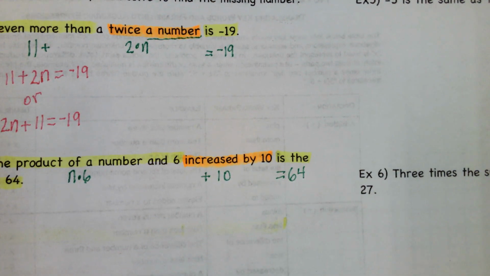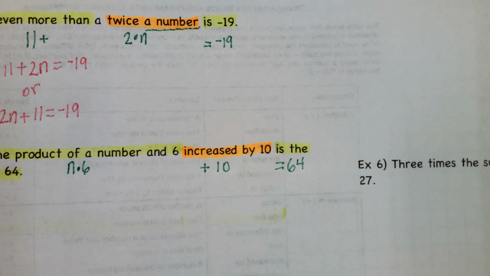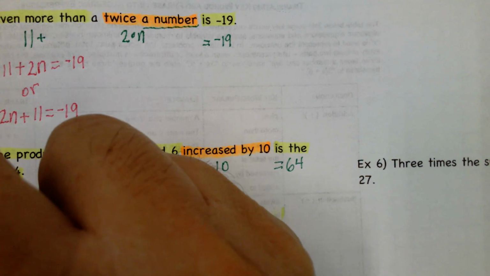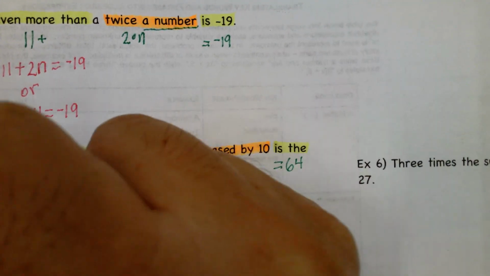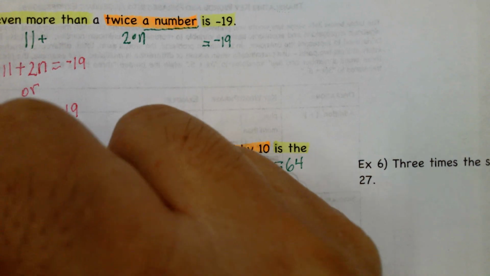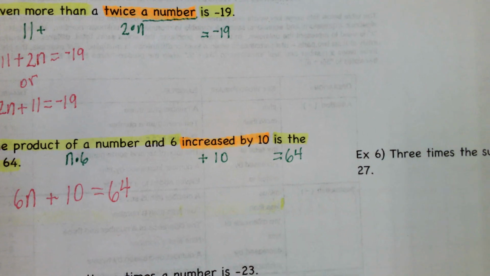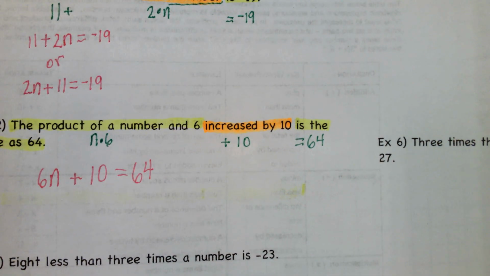So these are the different parts that we're going to put together. Let's start with n times 6. Normally we don't write it that way, right? How do we normally write it? 6n. And then plus 10 equals 64. So as you can see, most of them are just going to be two-step equations that hopefully are easy for you to solve. We just got to break it down and know what the different words mean.